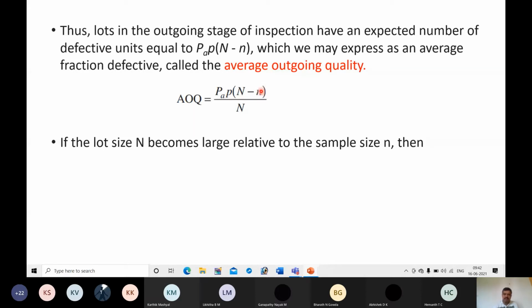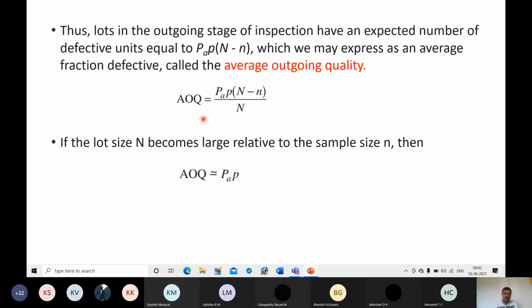So the average outgoing quality will be PA into P.